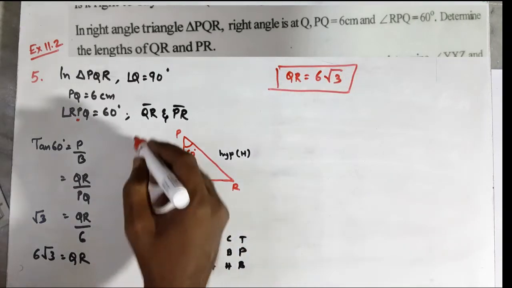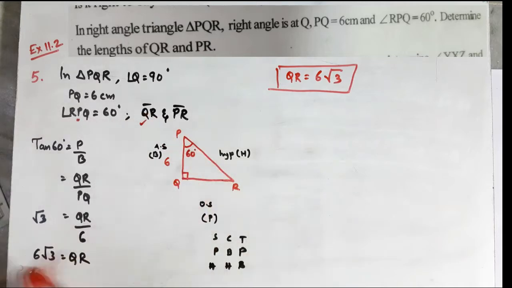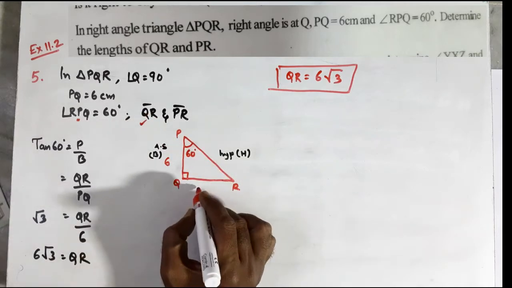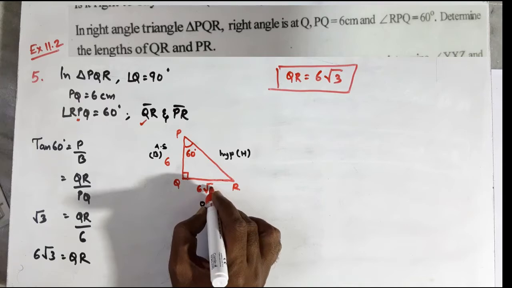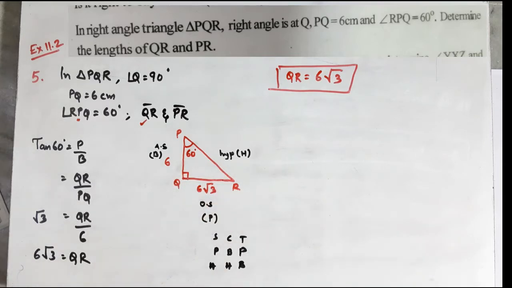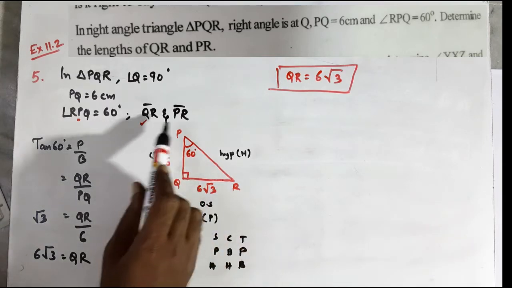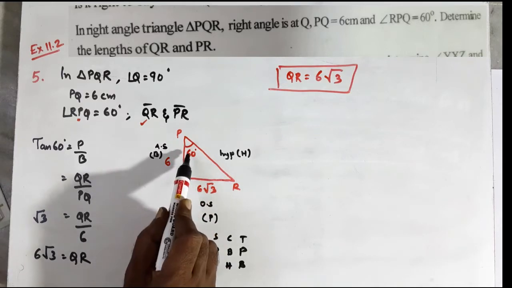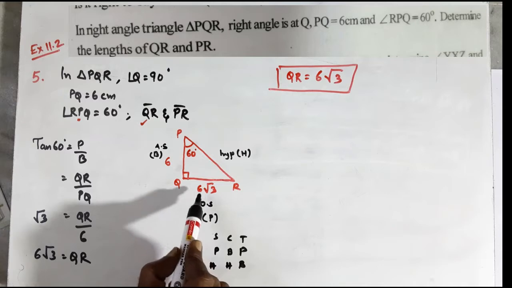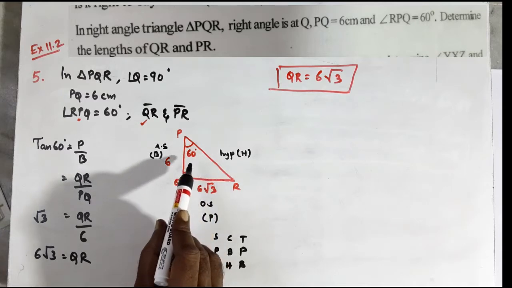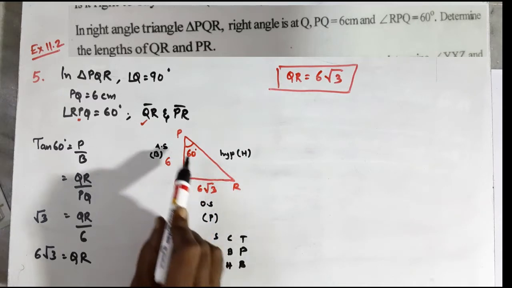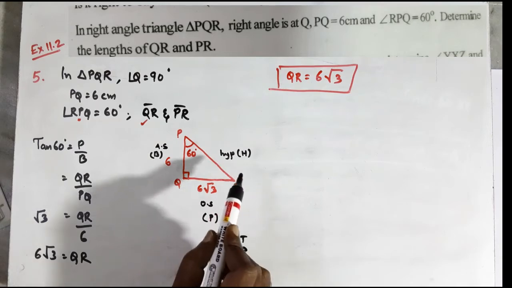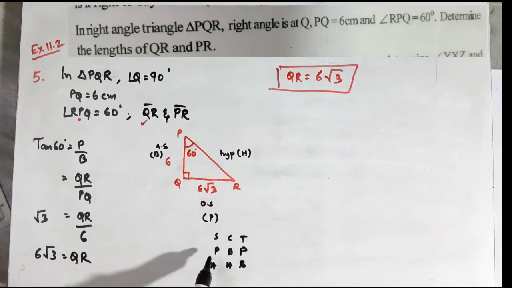So we got QR. I am writing QR is equal to 6 root 3. In the same way, we have to find PR, taking the known and unknown. For this angle, the opposite side and the hypotenuse: opposite side by hypotenuse, P by H, is sine.